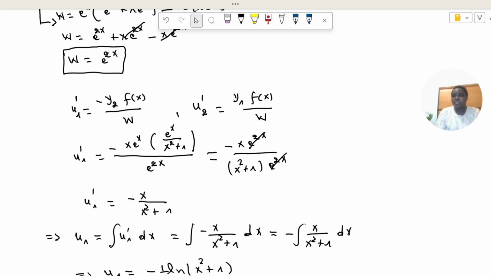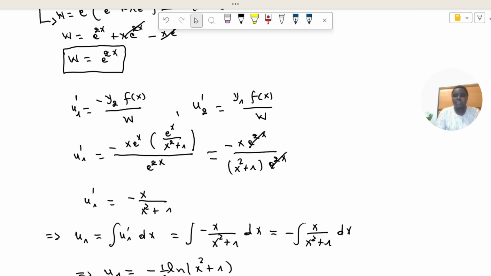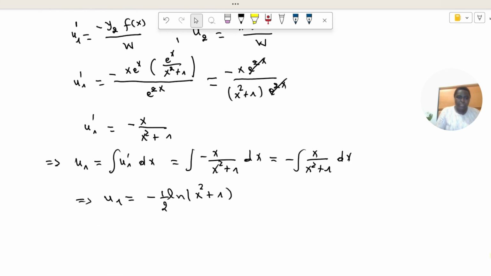So u2 derivative is equal to y1 times f of x over the Wronskian. y1 is e power x, f of x is e power x over x squared plus 1, and the Wronskian we have found is e power 2x.